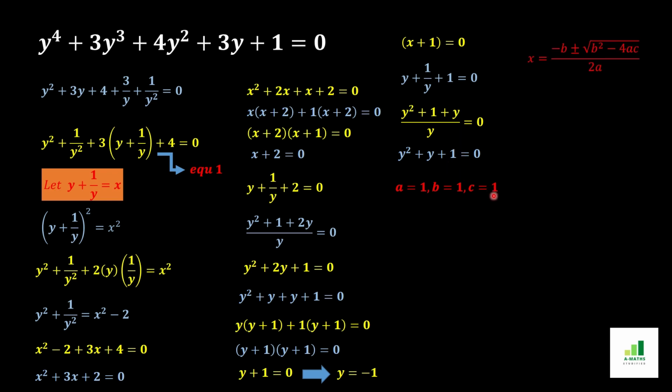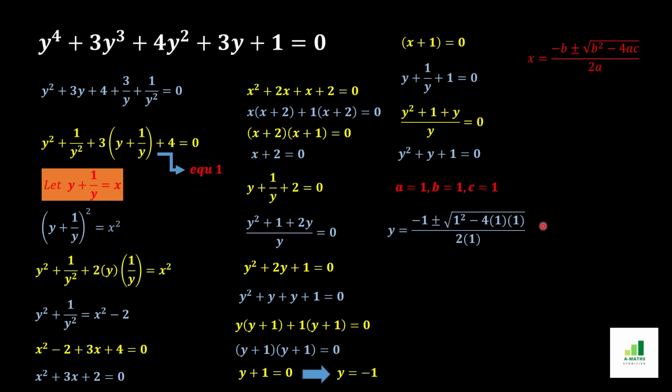Now as we know that the quadratic formula is x equals minus b plus minus under root b square minus 4ac upon 2a. So we will put the values of a, b, c inside this formula to get the value of y, and we will get y equal to minus 1 plus minus under root 1 square, because b is 1, minus 4, a is 1, c is 1, upon 2 times a, which is 1.